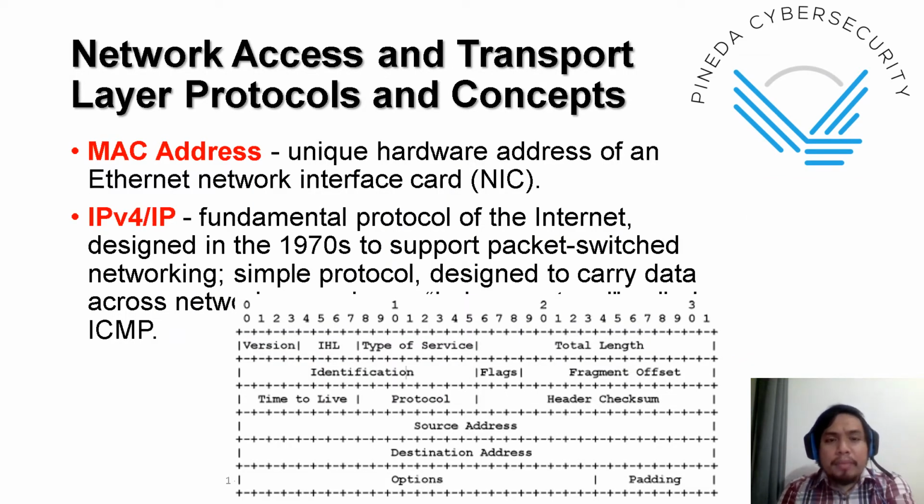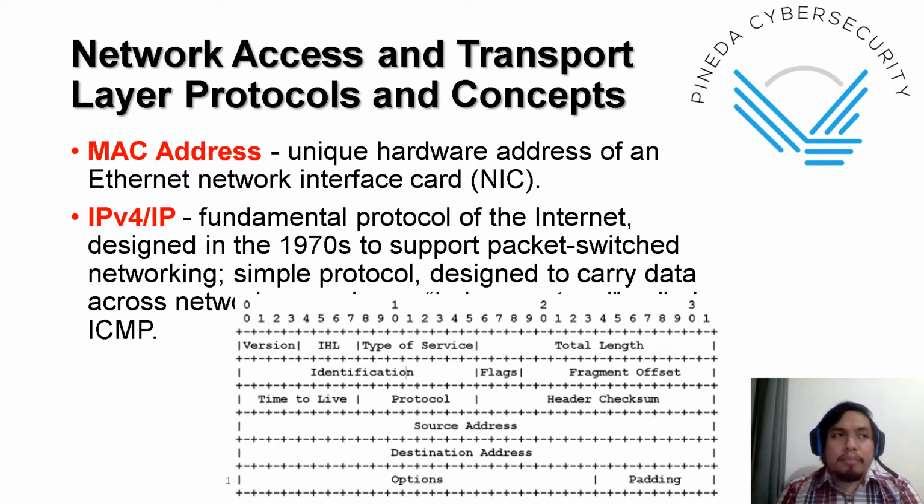Some of the network access and transport layer protocols and concepts would include MAC address, because we're going to analyze MAC address and IP addresses and their behavior, their traffic. So MAC address is a unique hardware address of an Ethernet network interface card, or the NIC.